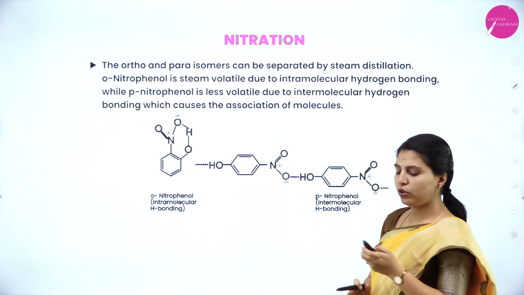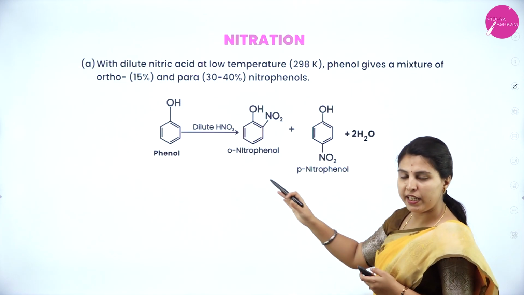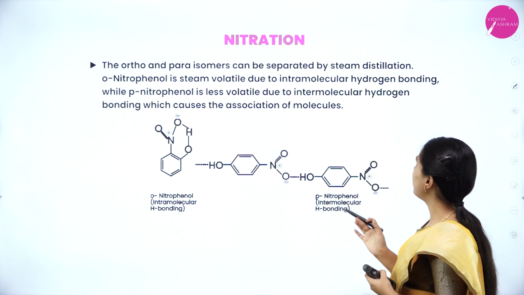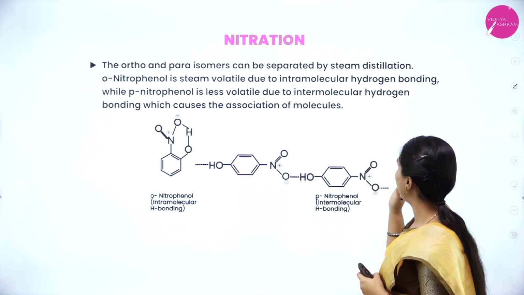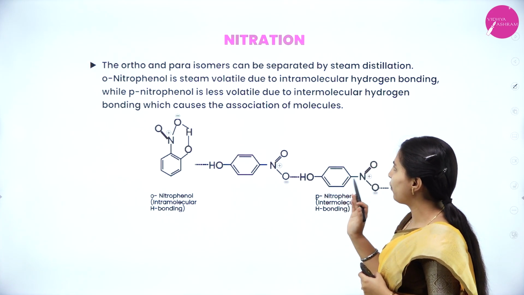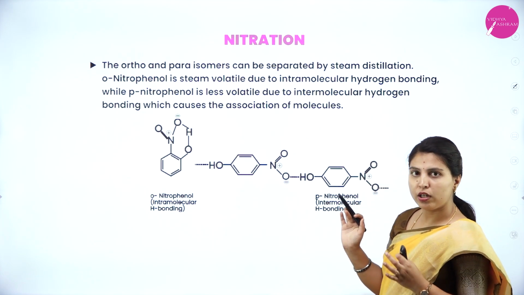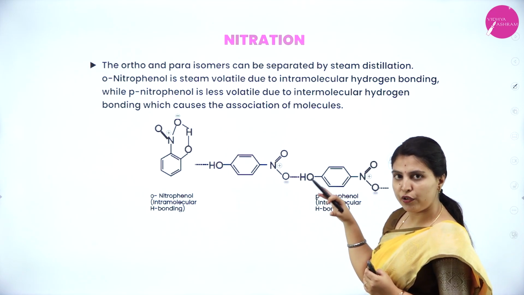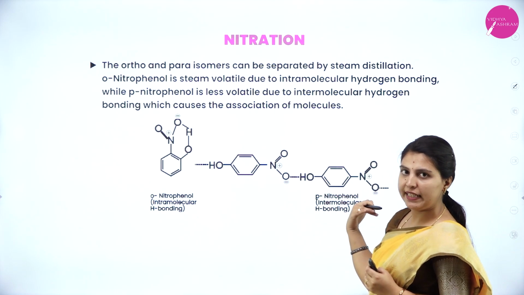Since both are formed from the same reaction, they have to be separated through steam distillation. Ortho nitrophenol is steam volatile due to intramolecular hydrogen bonding, while para nitrophenol is less volatile due to intermolecular hydrogen bonding. Ortho is intramolecular, meaning the hydrogen bond forms within the molecule, that's why it is steam volatile and can be removed easily.